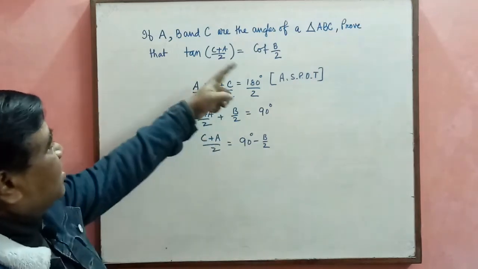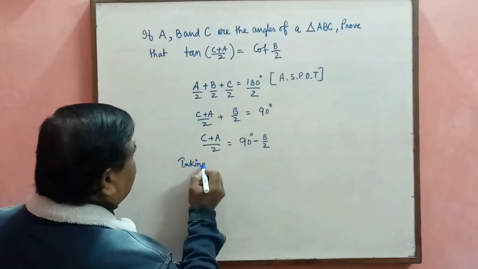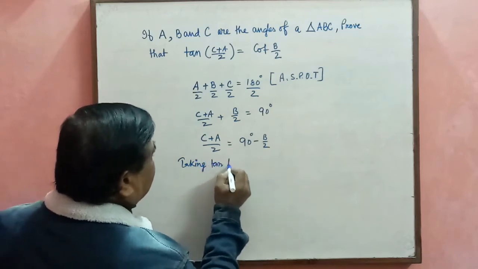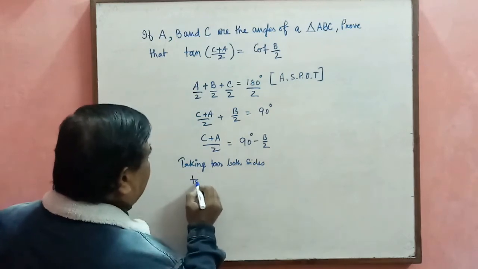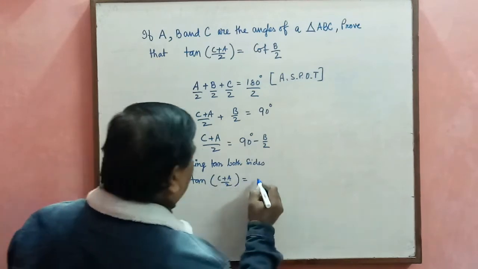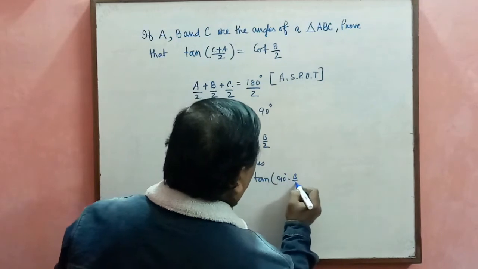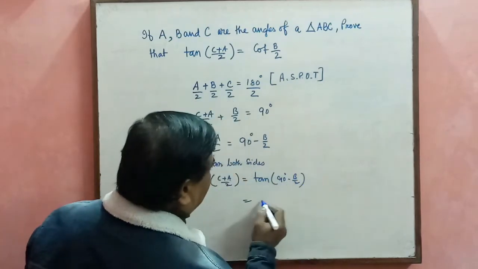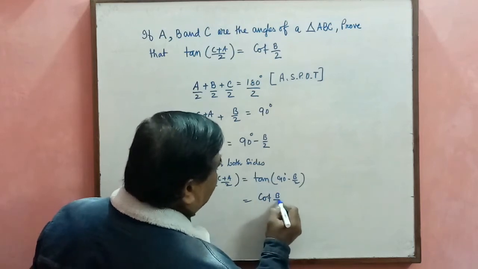Now taking tan both sides, tan C plus A upon 2 is equal to tan 90 degree minus B upon 2. So this is obviously tan 90 degree minus B upon 2 is your cot B upon 2.